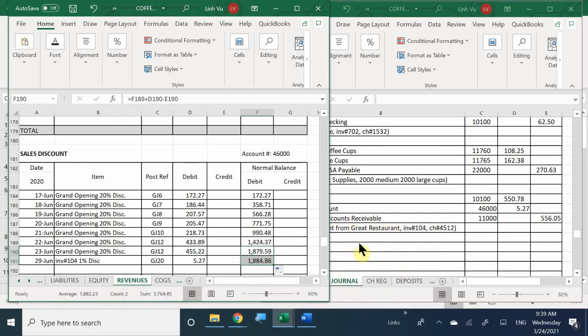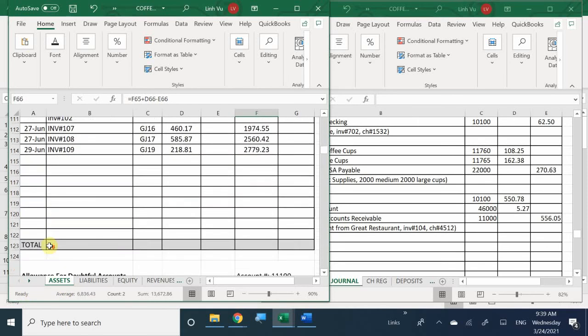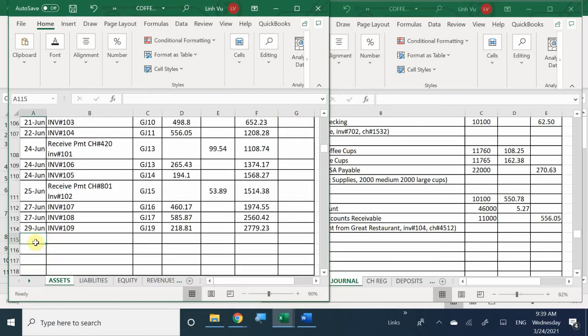Okay, and then last but not least, we gotta reduce our accounts receivable. Invoice number 104, payment, check number 4512.